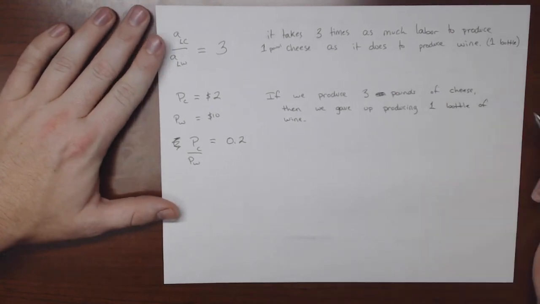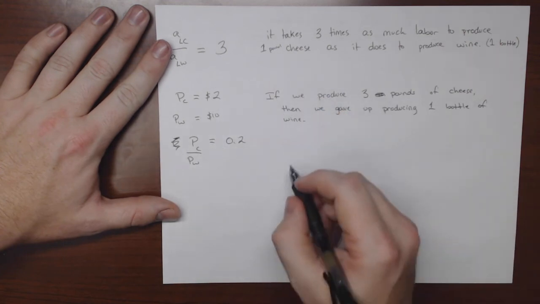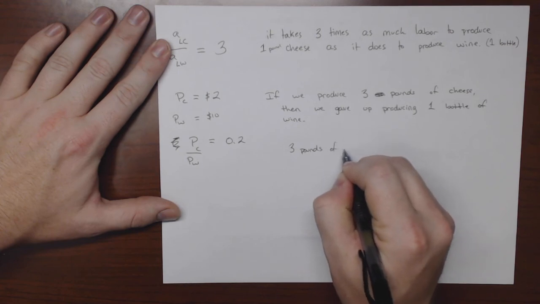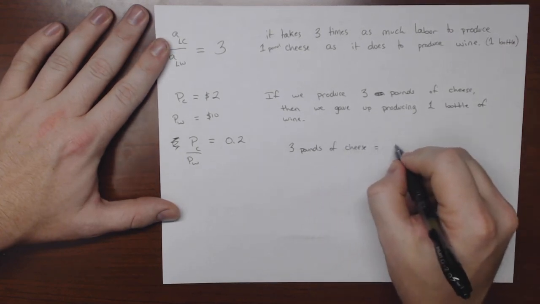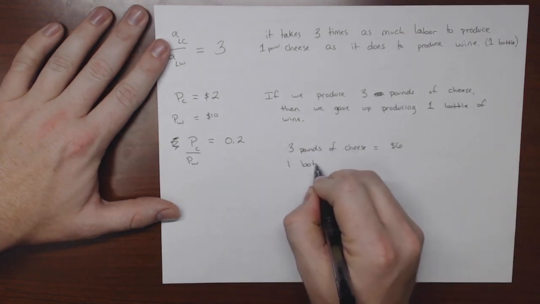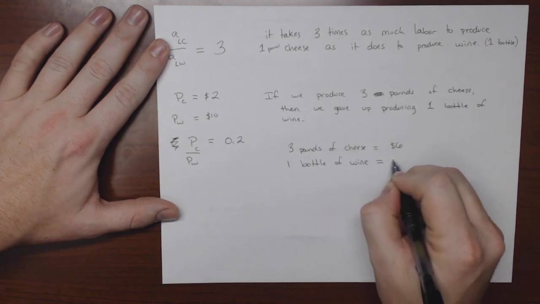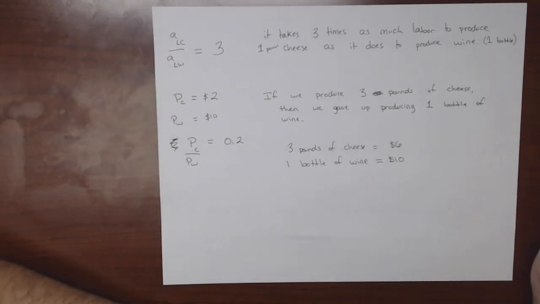Okay, 3 pounds of cheese at the prices in the world market equals $6. Okay, 1 bottle of wine is equal to $10. Okay, so which one should we do? Should we produce cheese or wine?